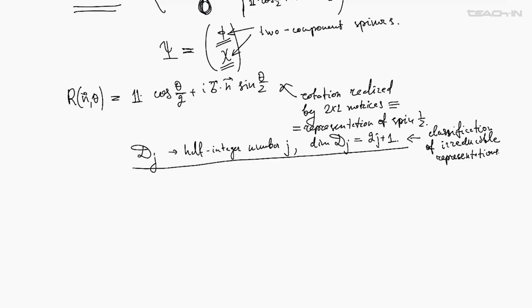But our group is bigger. Our group is the proper orthochronous Lorentz group plus also the discrete operations of parity and time reversal, which all together make the full Lorentz group. And so the relativity principle is telling us that the Dirac equation must be covariant with respect to the full Lorentz group.